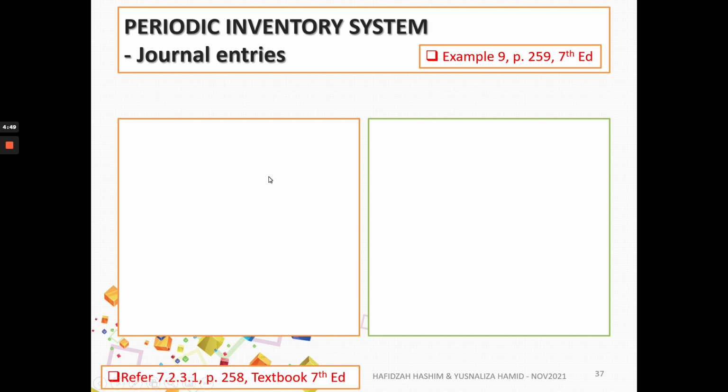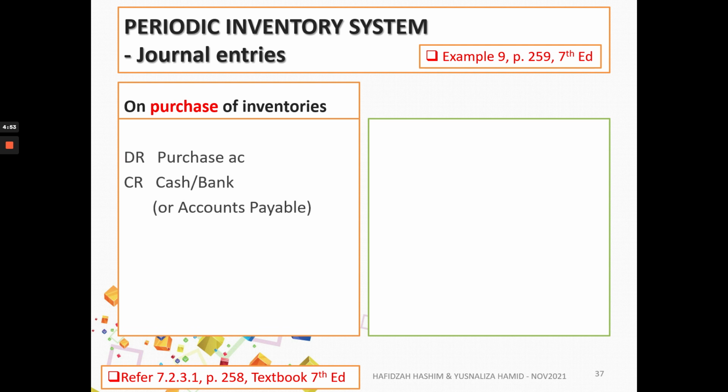So these are the pro forma journal entries that you may have done earlier. This is just a revision on the pro forma journal entries for the purchase of inventories: debit purchases, and credit cash or bank, or maybe credit accounts payable, depending on whether the purchase is on cash or on credit.